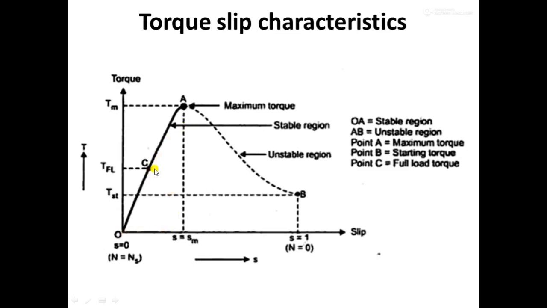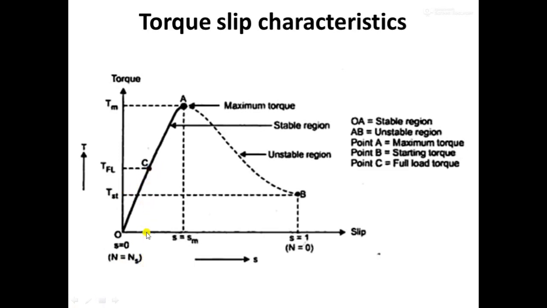See, I will explain it once more. Initially this was the operating point and the corresponding slip was this. So when I try to increase the load on the induction motor, definitely the speed of the induction motor gets reduced. When the speed is reduced, from the relation of slip it's very clear that the value of slip also gets increased.